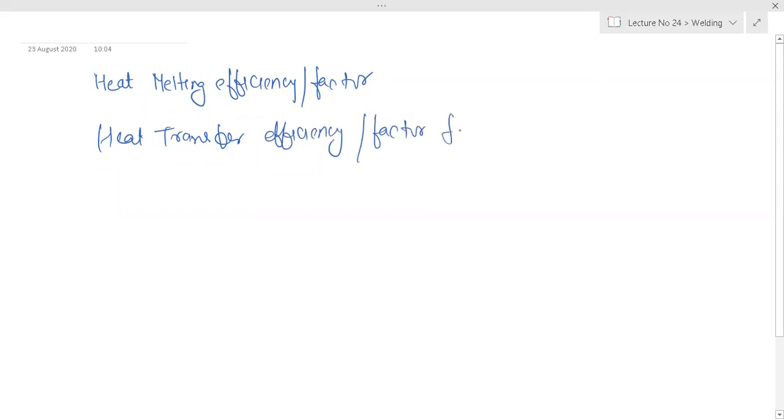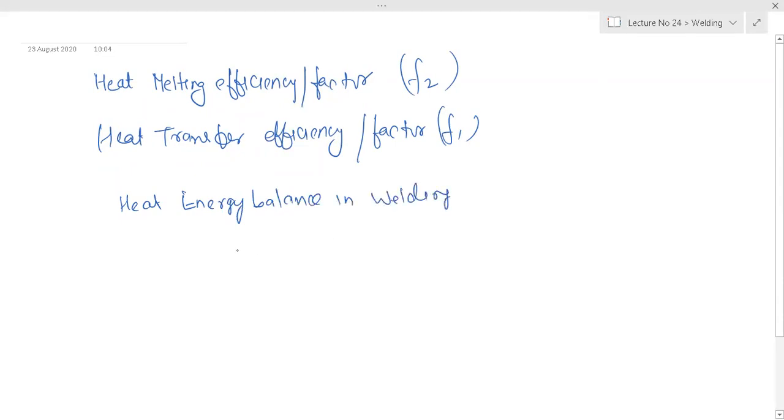This I said F1, this I said F2. And now we'll introduce another term that is very useful, right? And we also discussed heat energy balance in a welding.